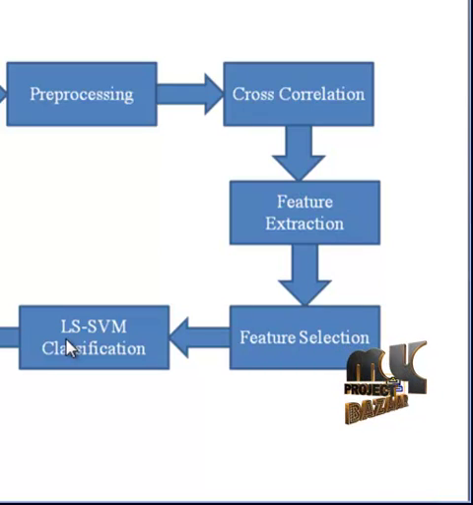The least square support vector machine compares the test image feature with the train image features and provides the label of the feature that matches in the train features. Based on the label, we classify the signal as normal or abnormal.